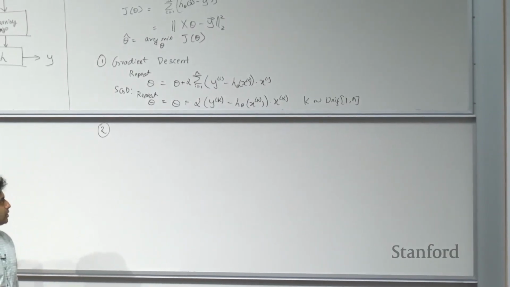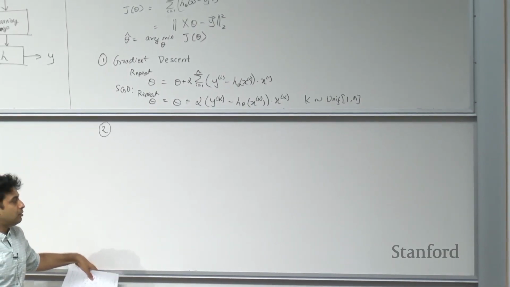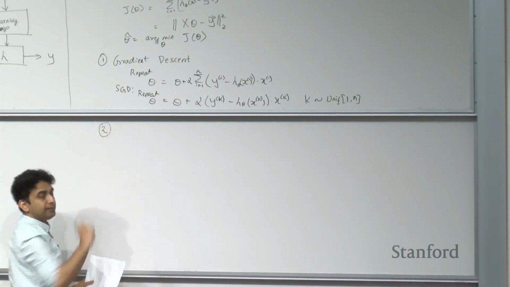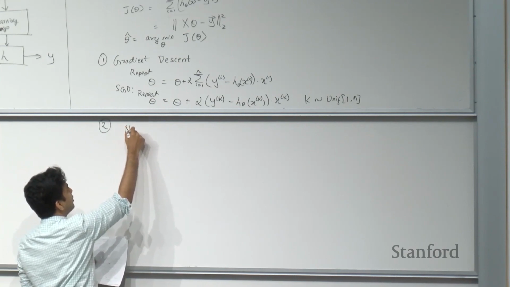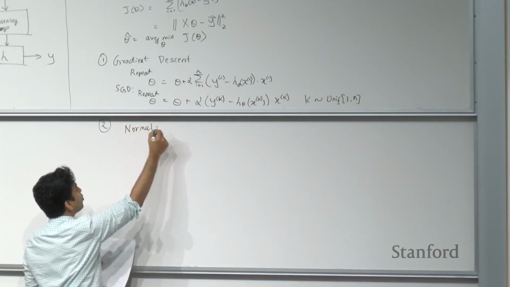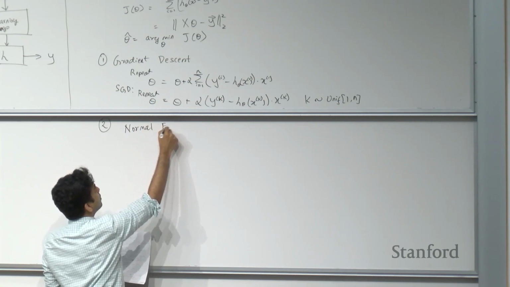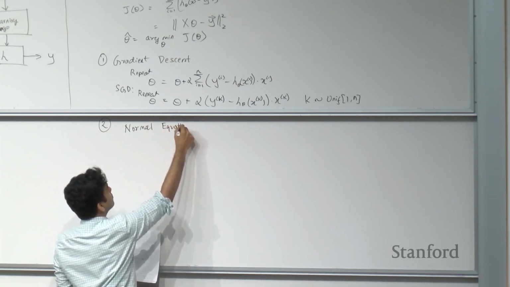But in case of linear regression, we can also get the closed form solution for the final theta hat directly, right. The second approach was what we called the normal equations for getting a closed form solution, right.